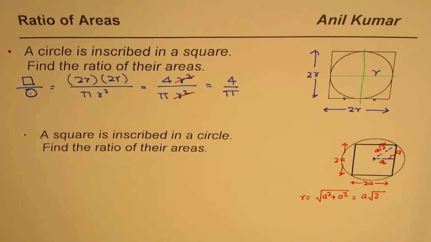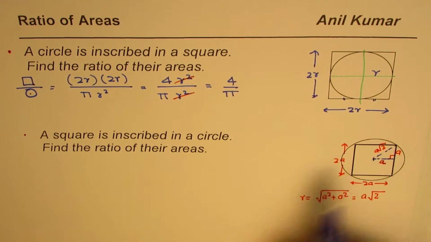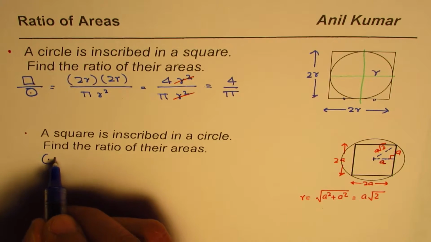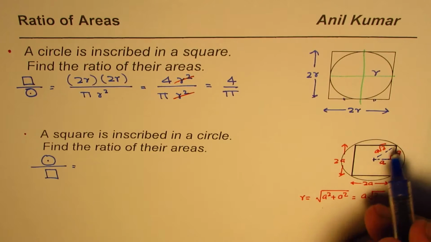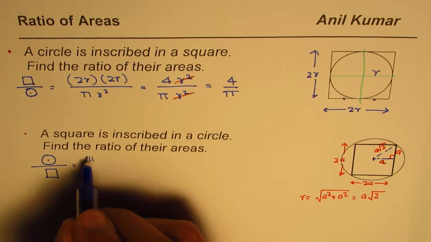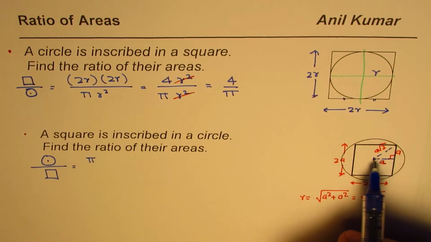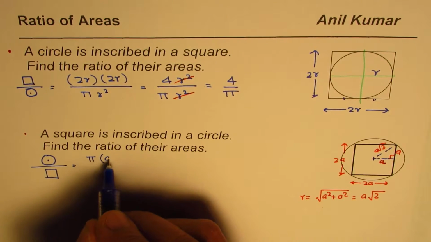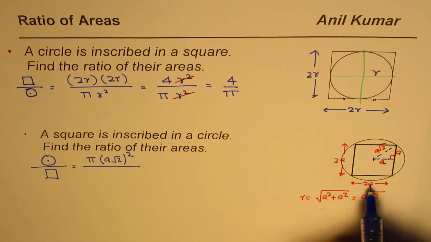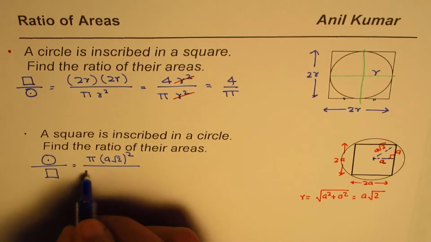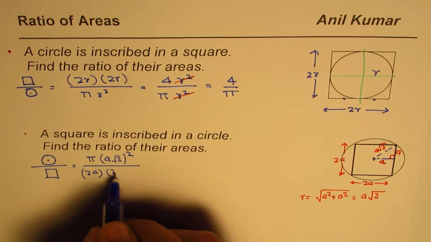Now, let us again apply the same formulas for areas and find the answer. This time we'll keep the circle on top, so the area of the circle divided by the area of the square. The area of the circle is pi r square. Radius is a square root 2, so we'll write pi times a square root 2 whole square, divided by the area of the square, which is 2a times 2a.